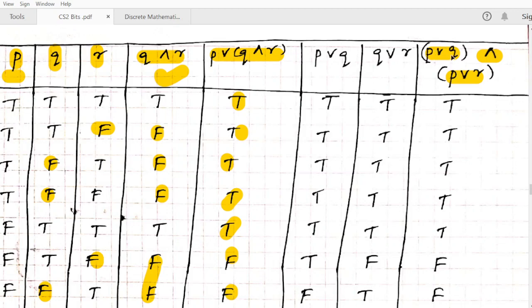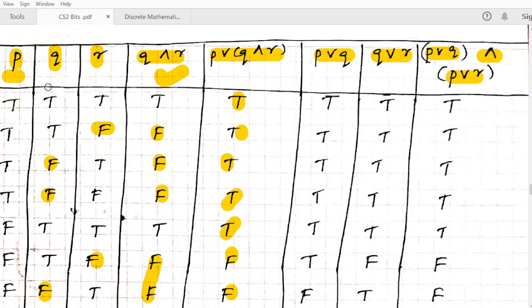First we find P or Q, then we'll be finding P or R. Okay, this is P or R, so please correct this. This is P or R.